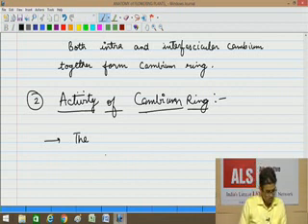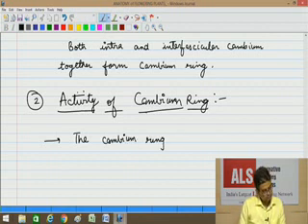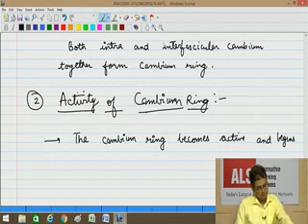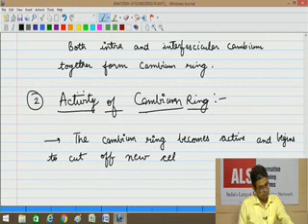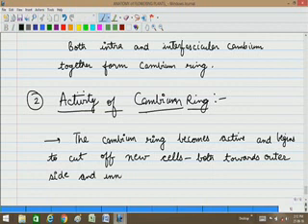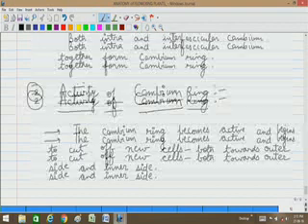The cambium ring becomes active and begins to cut off new cells, both towards outer side and inner side.